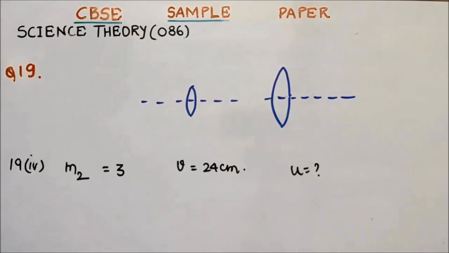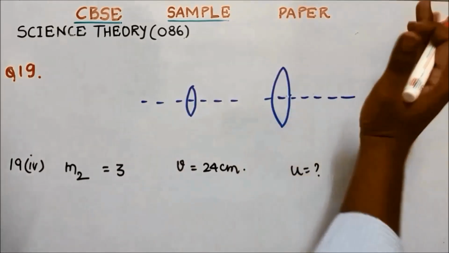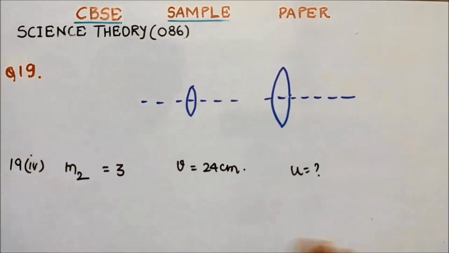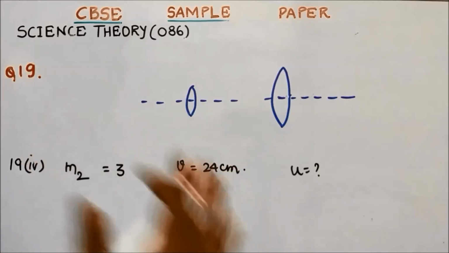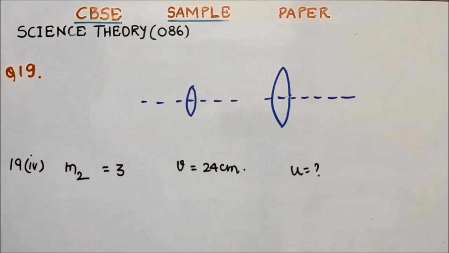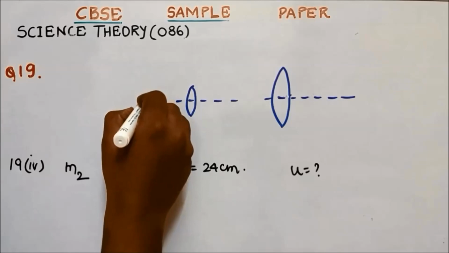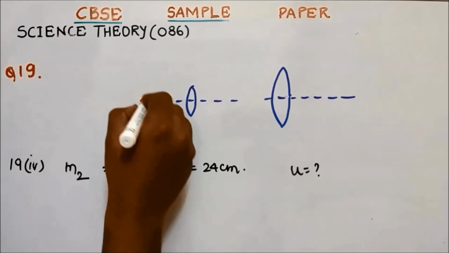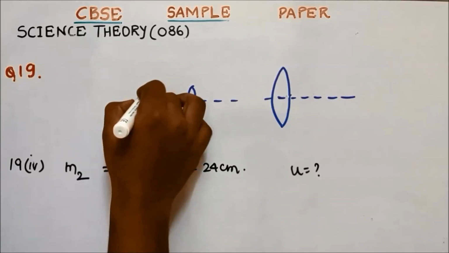Now see what is the source of the light? Source of the light is the stars, right? And the light would be coming from which side? Right side. But according to the convention, we have to take it from the left side. But in this case, if the eye is on this side, so this is the eye.